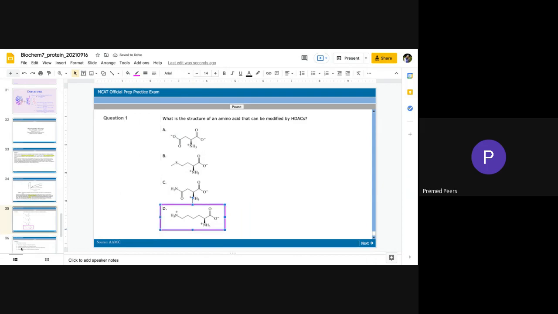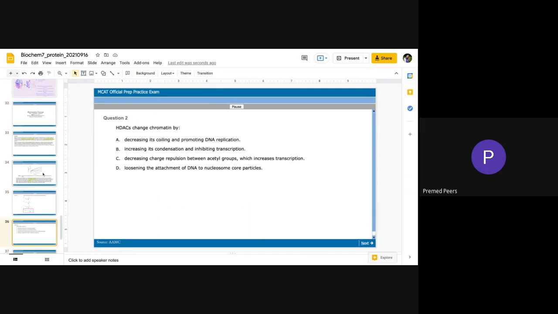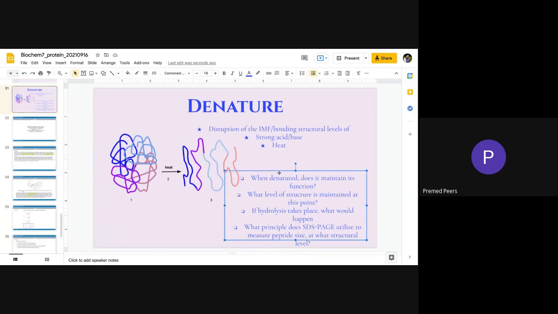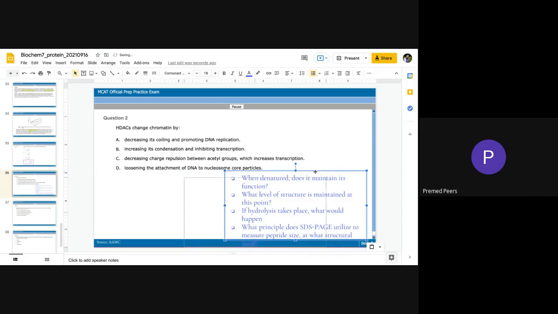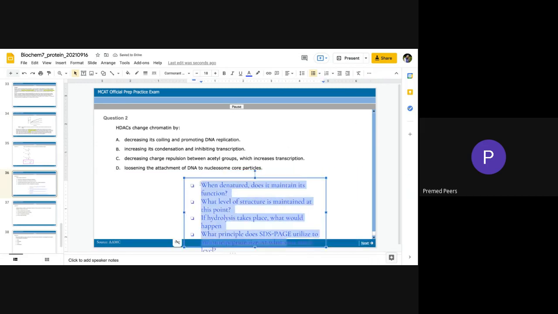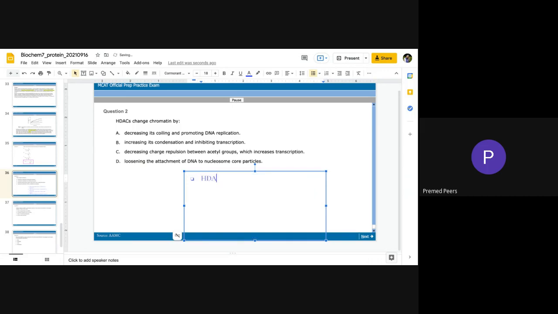And then the next question. How does HDAC change chromatin? Let me copy one of these. Okay. So let's think about HDAC. HDAC basically is going to remove acetylation, and the acetylation is on the amino group.